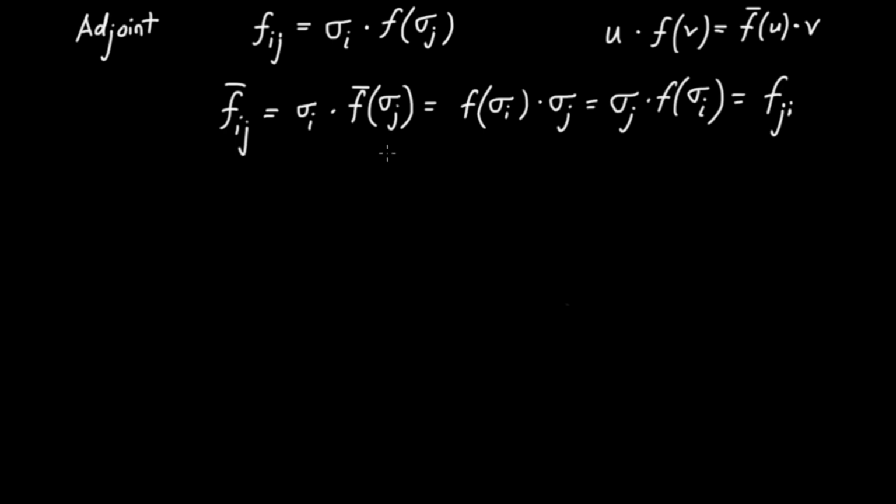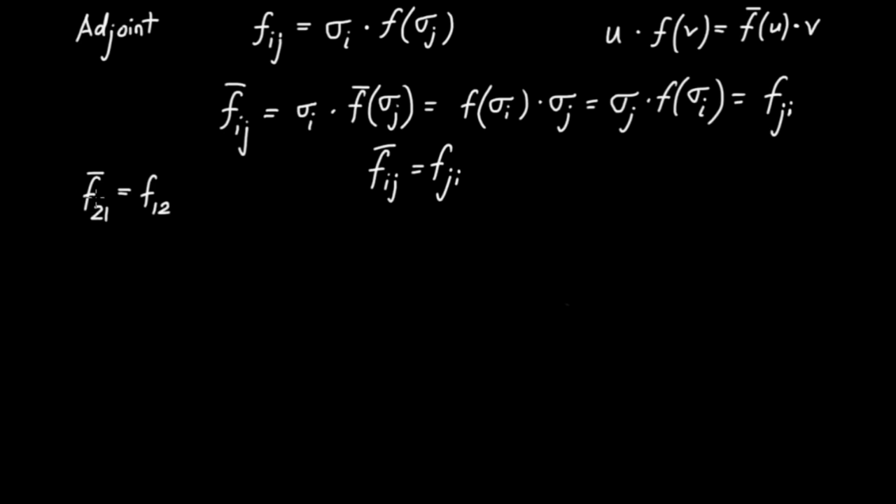So we see that f bar is related to f in the following way. The ij entry of f bar is equal to the ji entry of f. So you can see that the rows and columns get swapped around here. For example, if I were interested in the 2, 1 entry, that's going to be equal to f 1, 2.